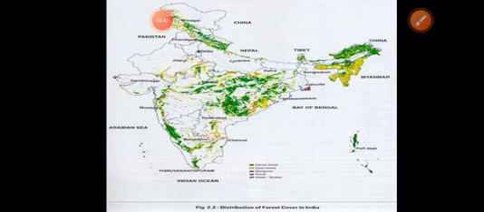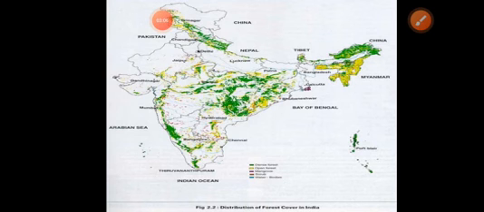Forests occupy 63.85 million hectares, which is about 19.48 percent of the 329 million hectares of geographical area of India. In India, there are 4 major types and 16 subtypes of forests.